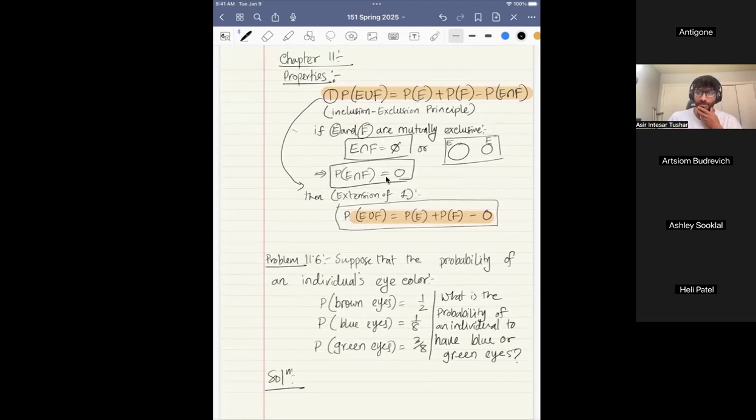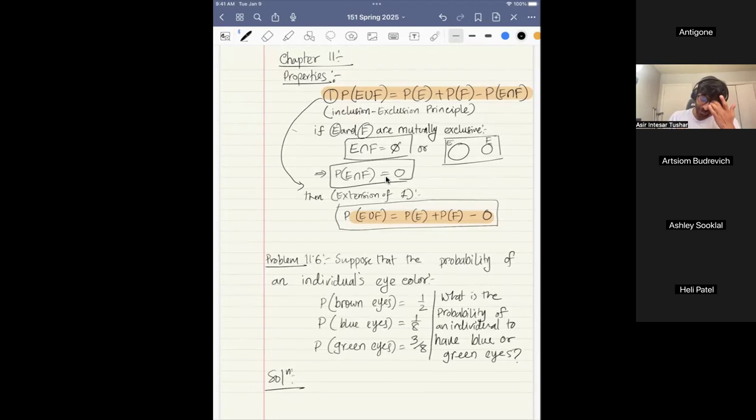So I'm giving you the probabilities of brown, blue, and green eyes, and I'm asking what should be the probability of an individual having blue or green.